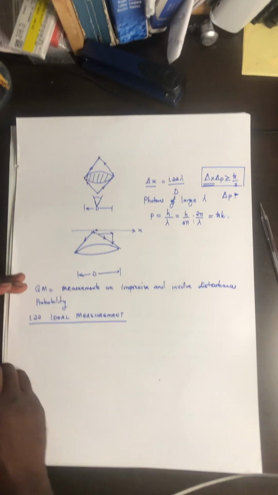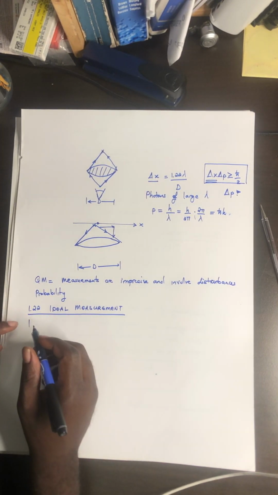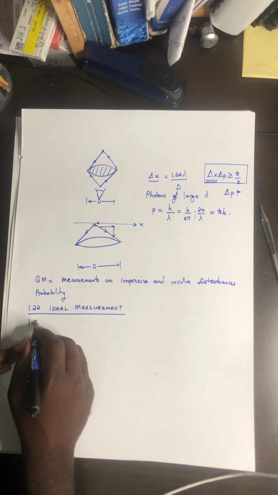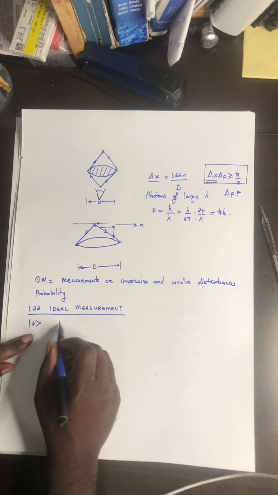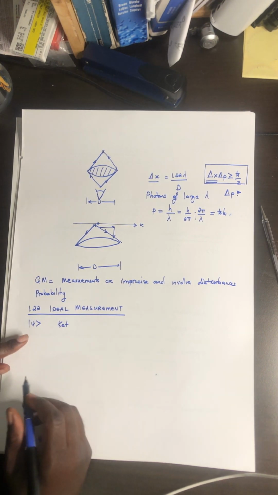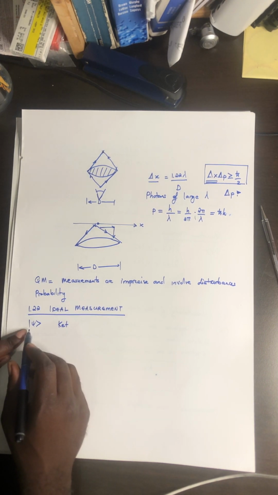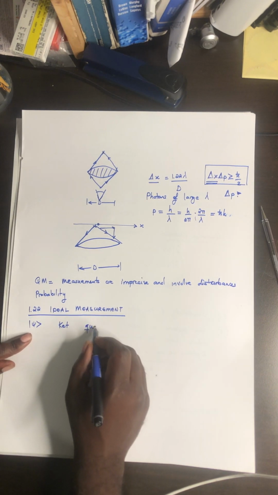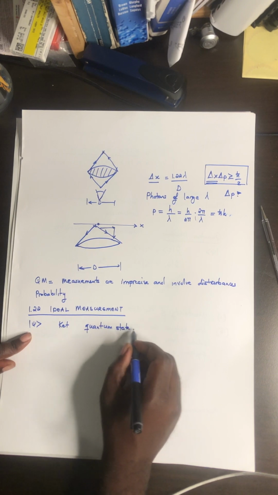Let's take a quantum system represented by the generic state psi. We call this a ket. This represents the quantum state of a system.